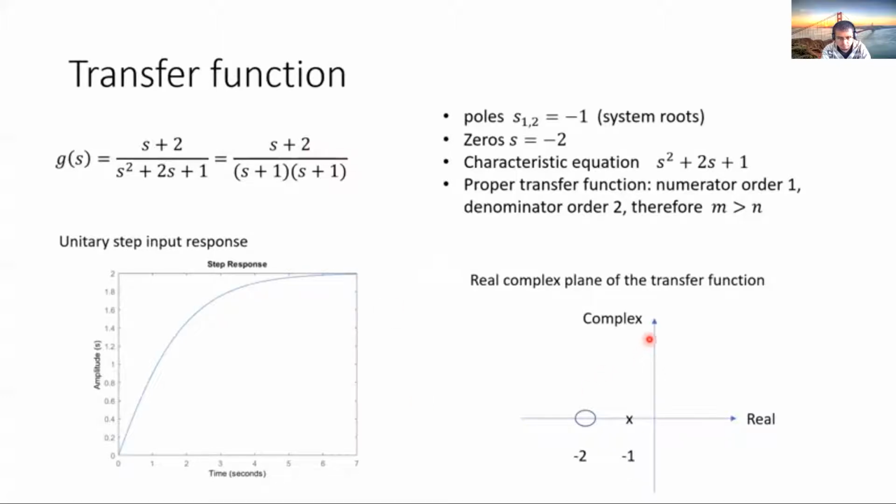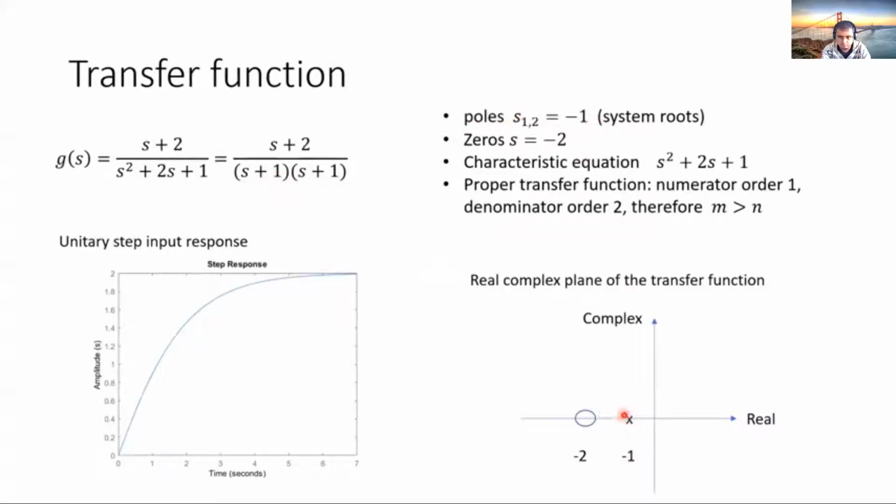So we can make a real and complex plot, as you can see here. Real is always on the x-axis and the complex is on this vertical axis. And we can plot, in this case, the roots of our system. For example, here we can see (s plus 1) squared, which means that our two roots are at -1.